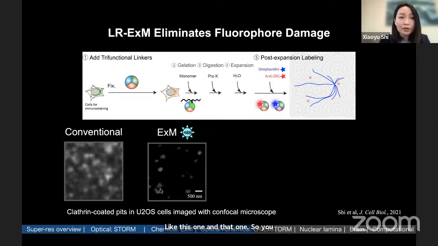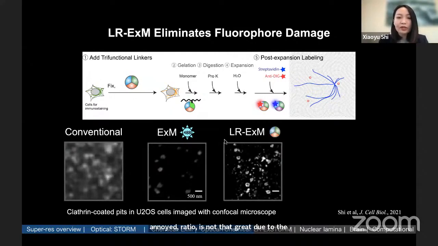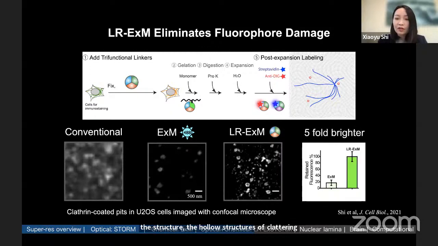However, because the signal-to-noise ratio is not that great due to the fluorescence loss, you cannot see them confidently or clearly. But with the label retention expansion microscopy using the trifunctional linkers, you can clearly see the hollow structures of clathrin-coated pits like this and that, because the signal-to-noise ratio is higher.